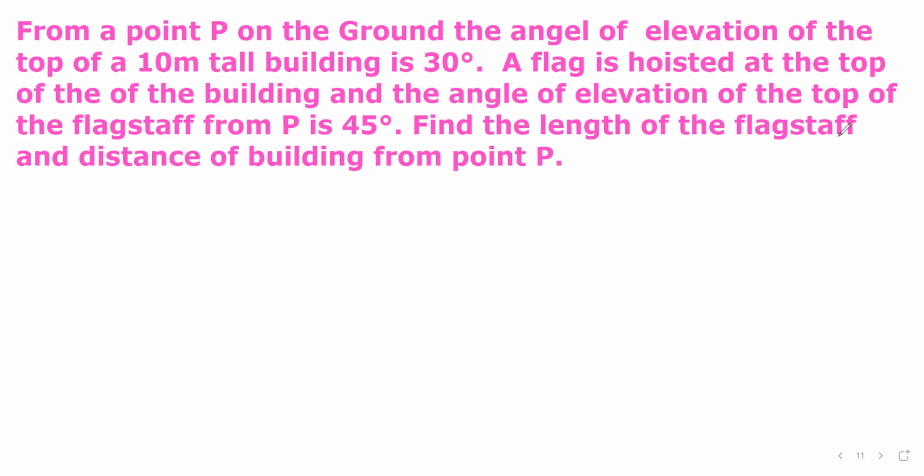Find the length of the flagstaff and the distance of the building from the point P. So now let's start with the diagram. This is the surface and this is the tower. We'll mark this as point P. On the ground, the angle of elevation to the top of a 10-meter building is 30 degrees. 10-meter building. So from here to here is what?